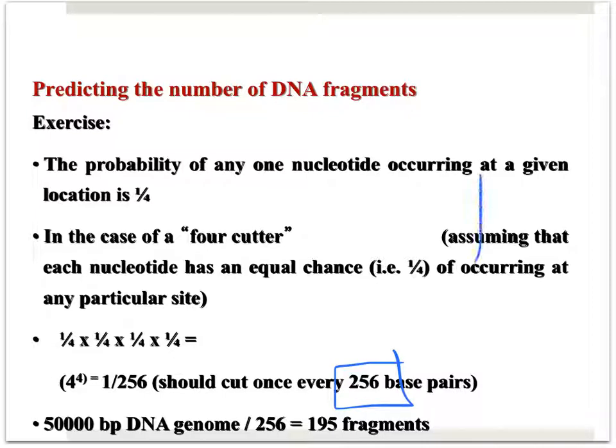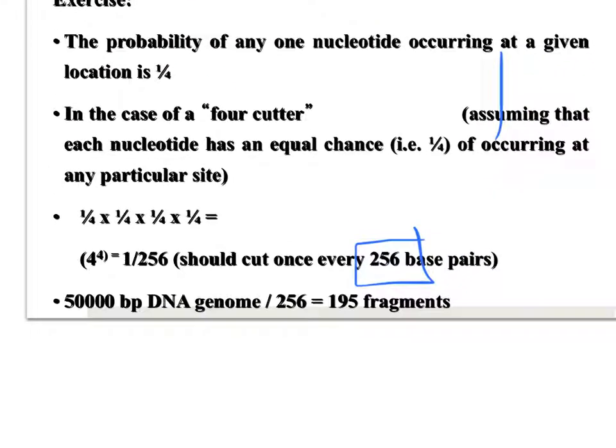195. Excellent. That's great collaboration here. You see, that's why we all collaborate. So, exactly. You get on average 195 fragments. Thank you very much. Is everybody clear? So you can estimate, based on the recognition sequence, how many fragments you expect to find. It cuts 1 every 256.